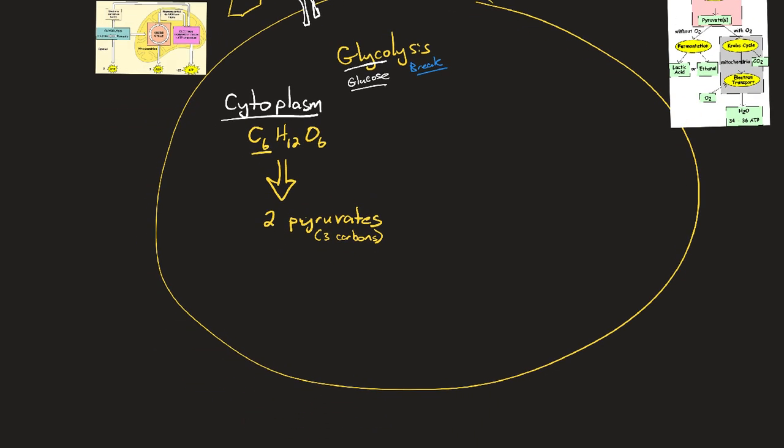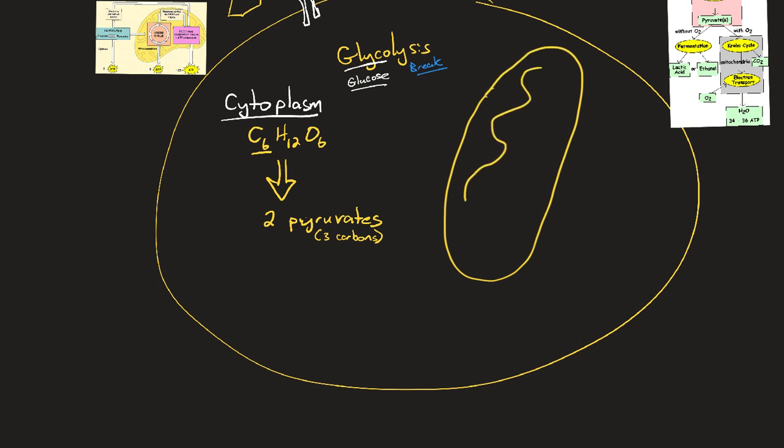So now you have 2 pyruvates. If oxygen is present, and that's a big if, oxygen gas is present, then the 2 pyruvates will find their way into the mitochondria.